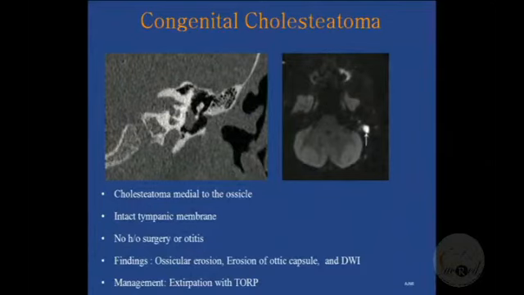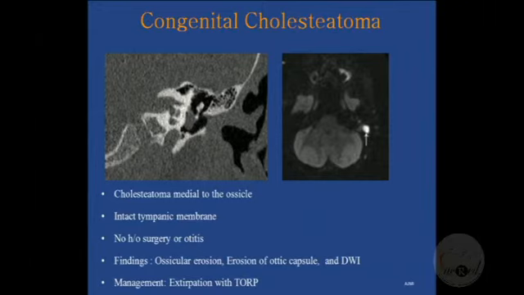That is an acquired cholesteatoma, right? To call it a congenital cholesteatoma, you should not have a perforated tympanic membrane or a history of surgery. That's a primary requisite. If you have either of these two histories, you're not going to call it a congenital cholesteatoma. Even if it looks like one, you will just call it a cholesteatoma.